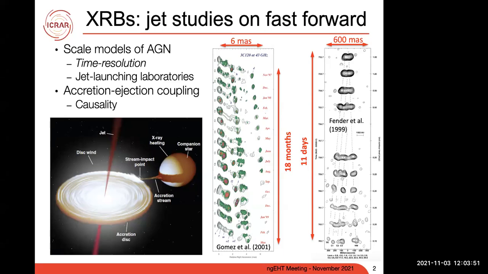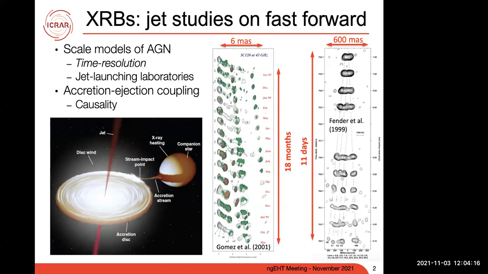So you can see here on the left-hand side a schematic picture of an X-ray binary. We have a black hole or a neutron star accreting from a less evolved donor star. We have an accretion disk and jets being launched from the inner regions. On the right-hand side, you can see a comparison of two different sources, the AGN 3C120 and the X-ray binary GRS 1915+105.